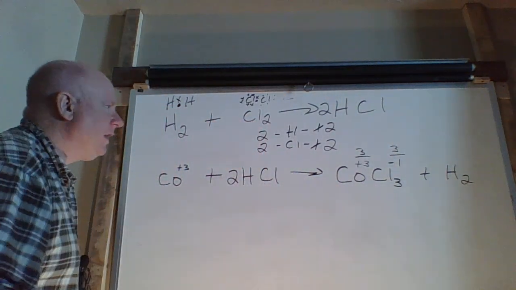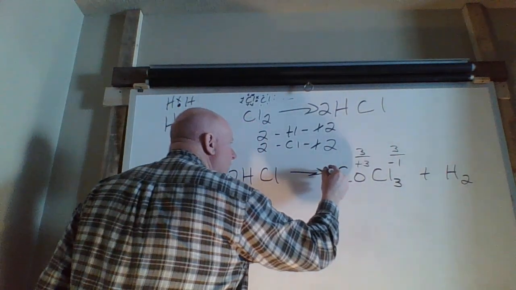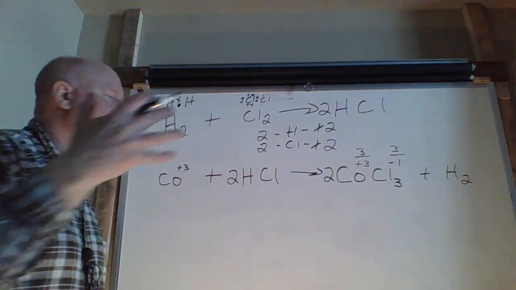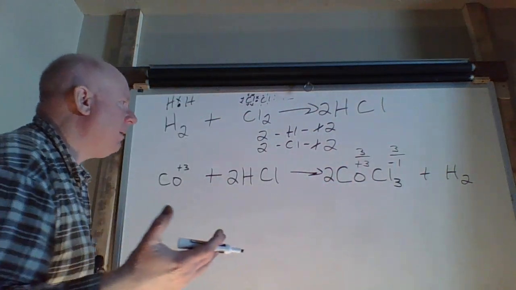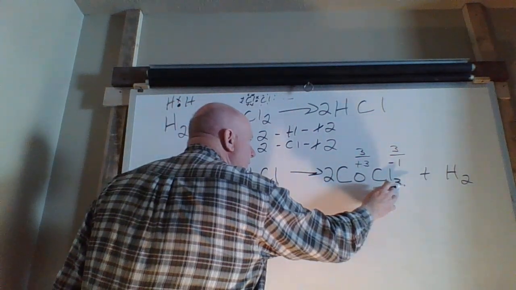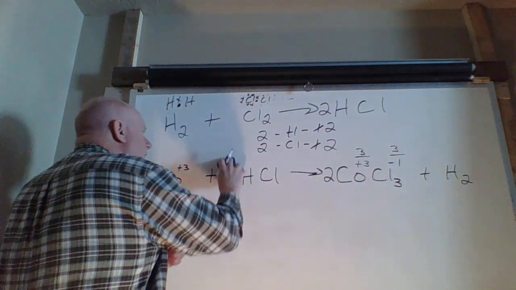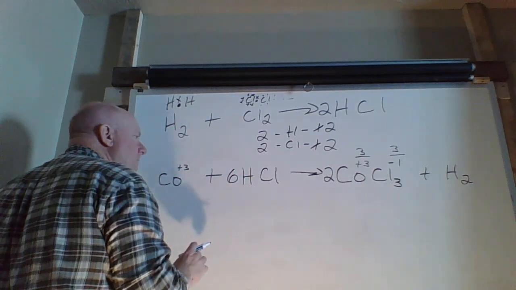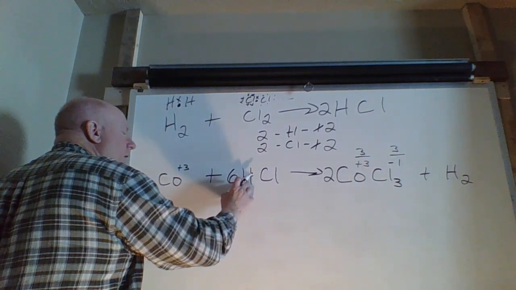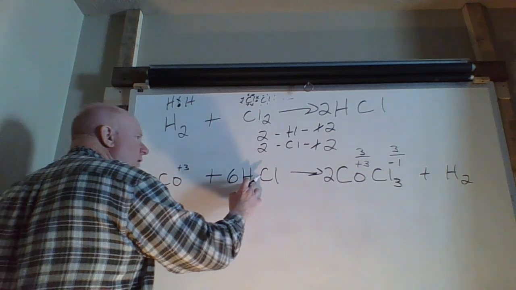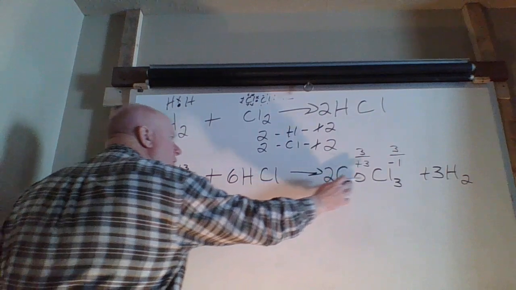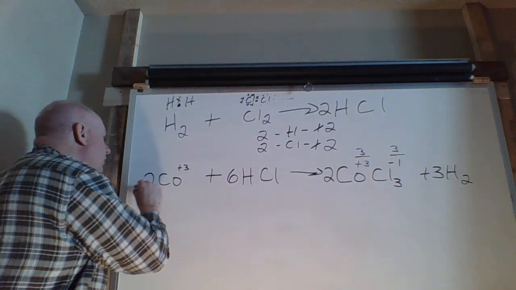So the problem with that is we actually have to double this, and that's something that you'll get better at when we arrive at this in our next chapter. 2 times 3 gives you 6, so that means we have to put a 6 here. Then for hydrogen, 6 times 1 gives you 6, so we have to put a 3 here. We've got 2 cobalts there, so we have to put a 2 there.